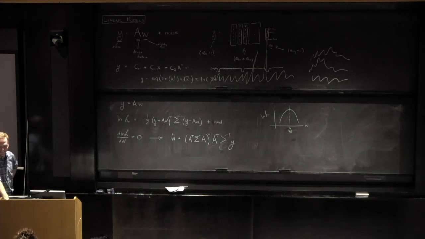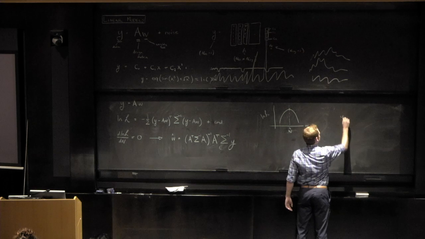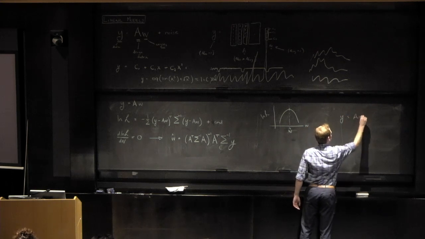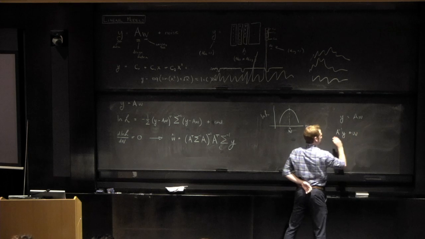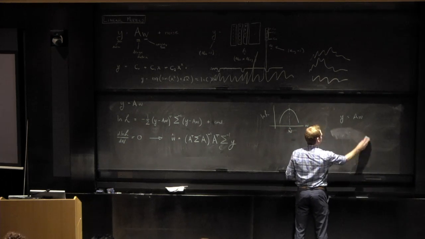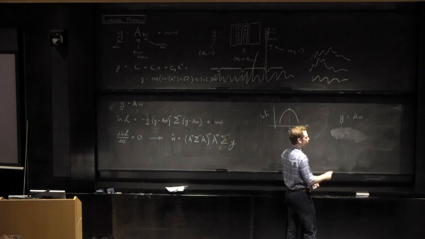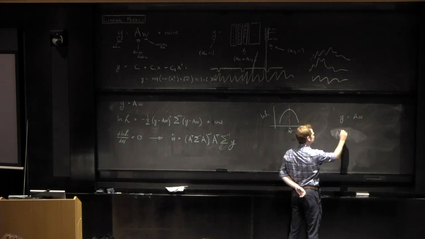Sorry. Good. And the way I remember this, by the way, is the following. We can't do this. That's not allowed. But what we can do is a trick. We can multiply both sides by A transpose.